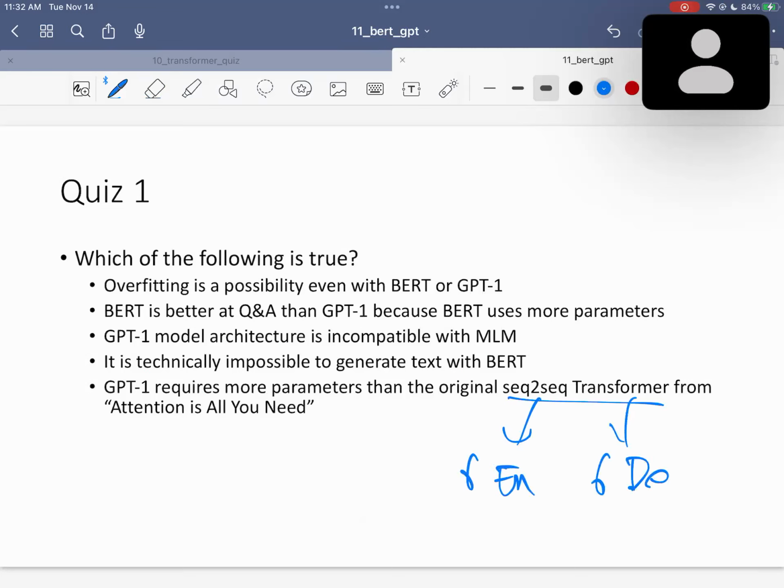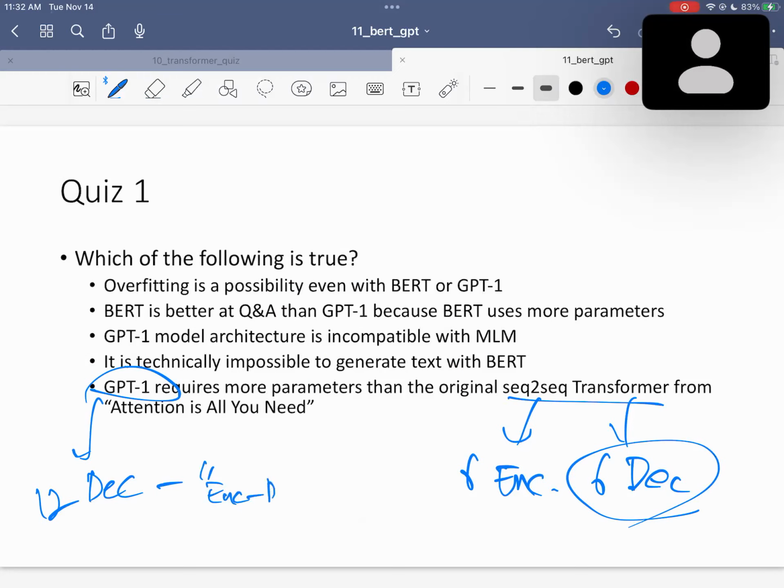And the 6 decoders have encoder-decoder attention, but GPT-1 doesn't use that. And it's 12 layers of decoder minus encoder-decoder attention, right? So it actually uses fewer parameters than this one. So the answer is 1. This is the only correct answer.